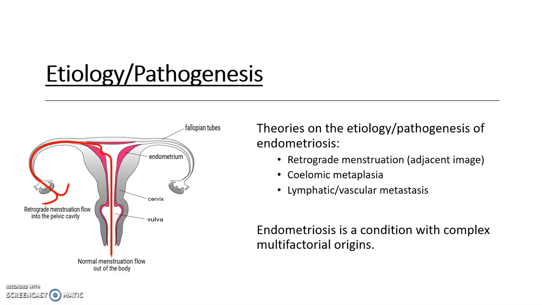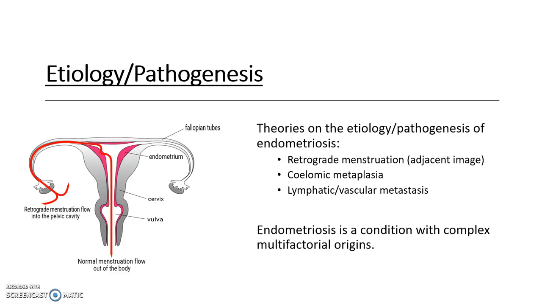Another theory, coelomic metaplasia, involves the transformation of normal peritoneal tissue to ectopic endometrial tissue under certain conditions, such as, for example, chemical exposure. And a third theory, the lymphatic vascular metastasis theory, is when menstrual tissue gets into the lymph nodes and is transported through the body in the lymphatics and then into the circulatory system.